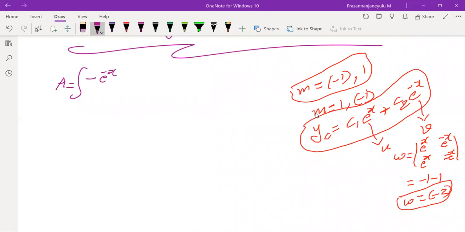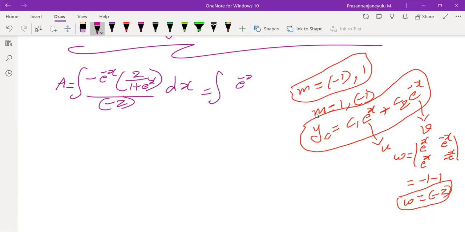R is nothing but 2 by 1 plus e power x, divided by the Wronskian. The Wronskian is minus 2, into dx. If we do the simplification, what does A become? The 2 gets cancelled, minus minus gets cancelled. We get e power minus x by 1 plus e power x into dx.